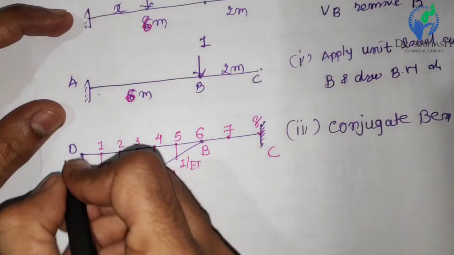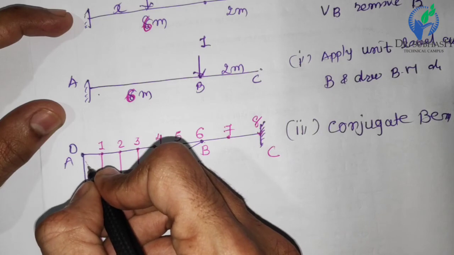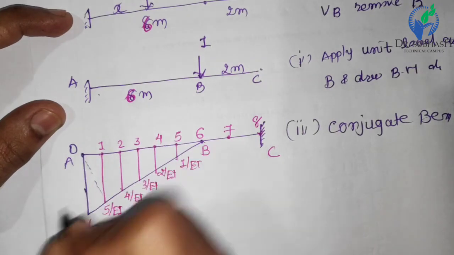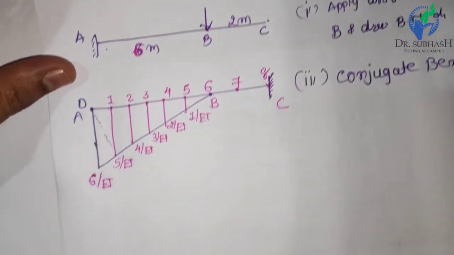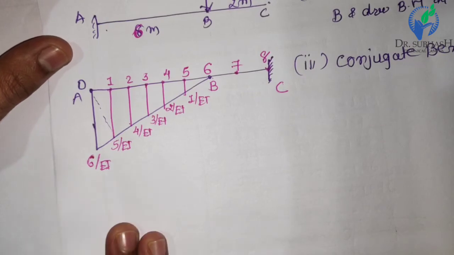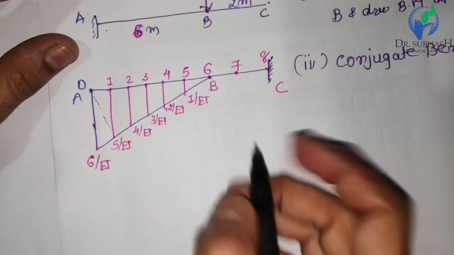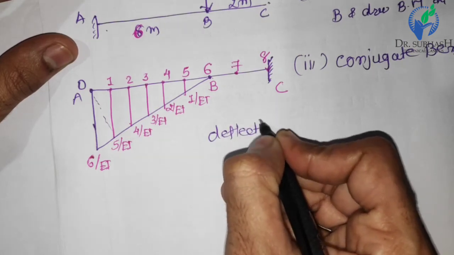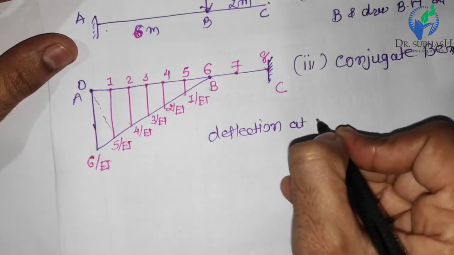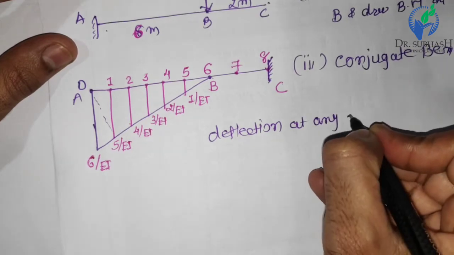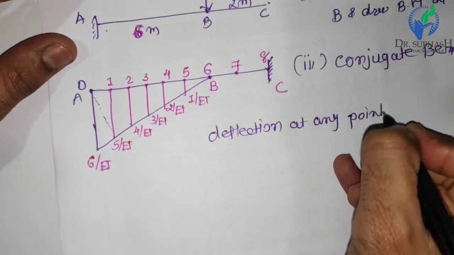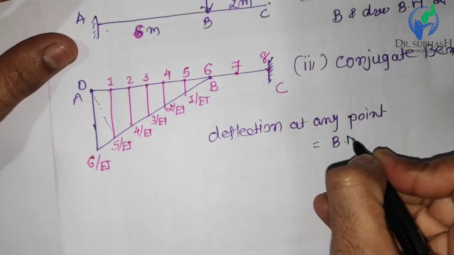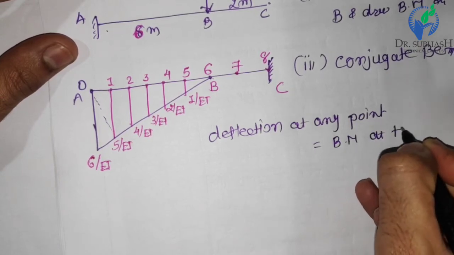First of all, this is our A diagram. We have to take these two triangles separately while we calculate the deflection shape. So we know that for the conjugate beam, deflection at any point is equal to bending moment at that point.